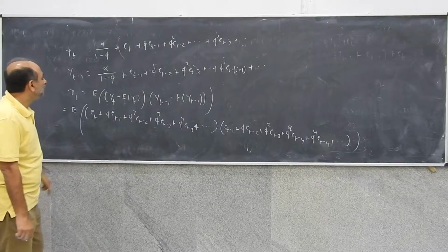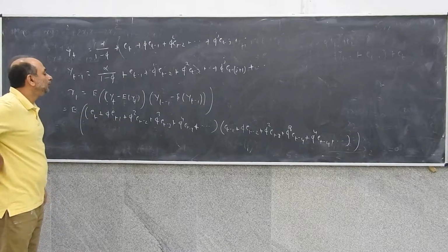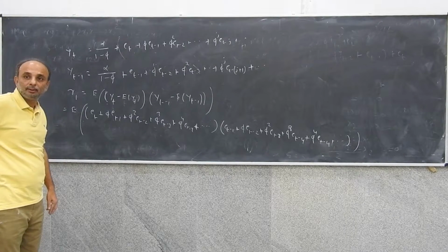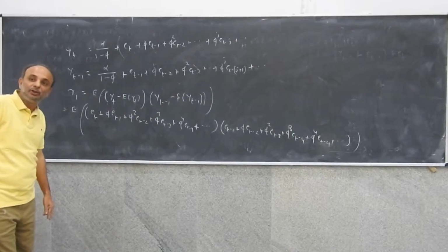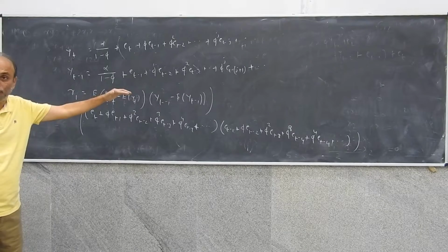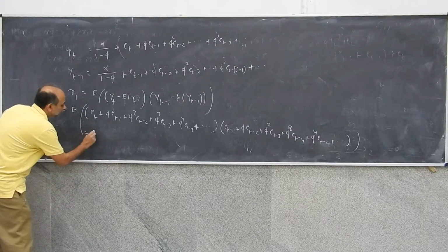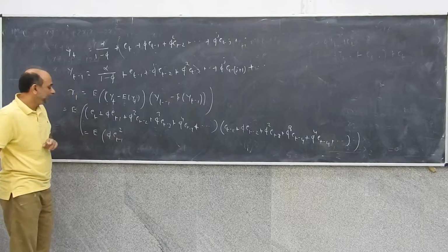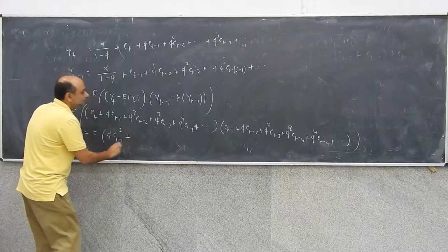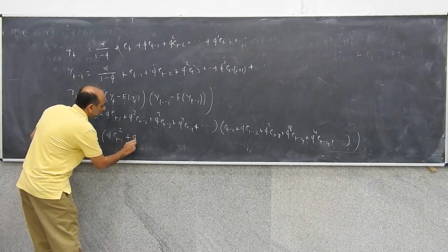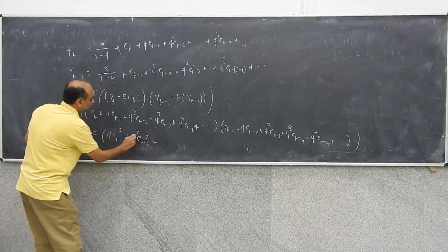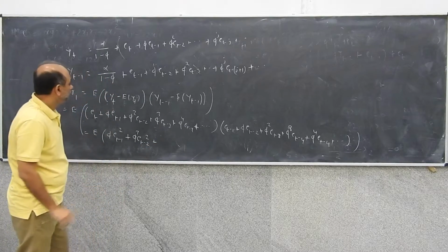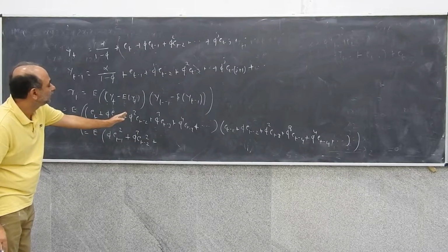If I multiply with phi square et minus 2, what will I get? Phi cube et minus 1, et minus 2, and so on and so on. So I will really get terms like this. The expected value of phi et minus 1 square plus, when I multiply with et minus 3, what will we get?